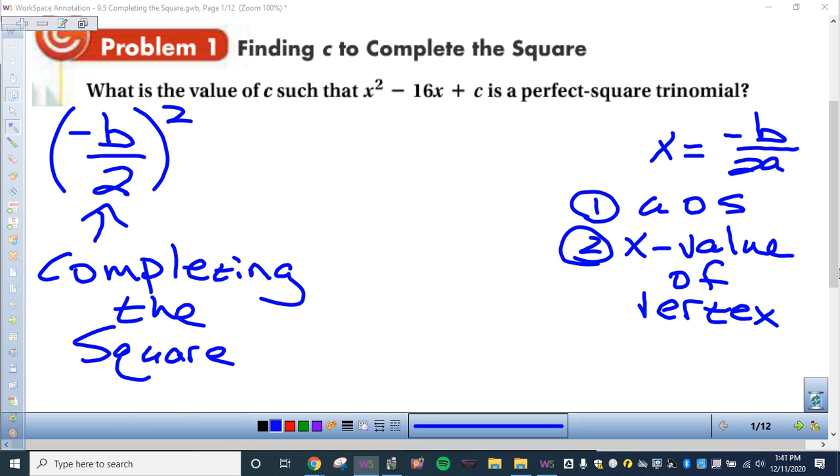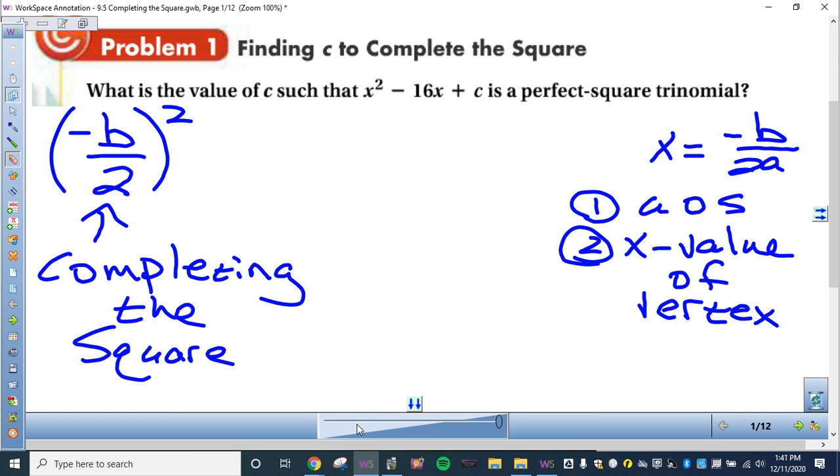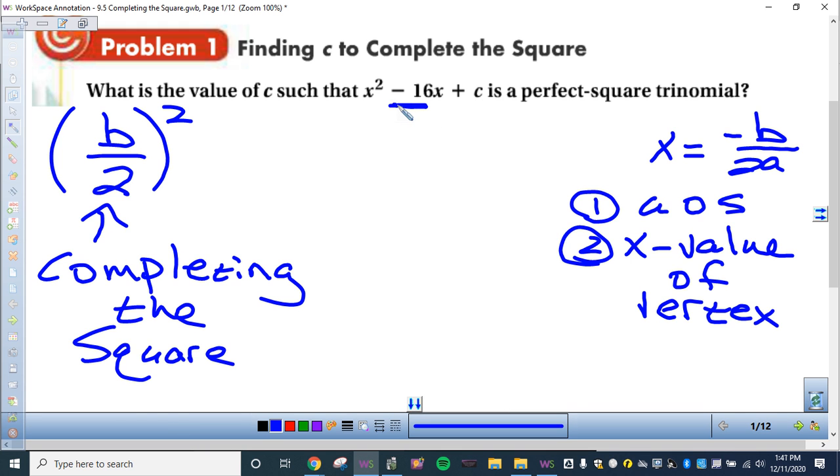So we're going to do, alright, I didn't mean to put the negative here, sorry, I meant to put just b over 2 squared, so just erase that negative right there. Just b over 2 squared. So we take that b term, which in this case is negative 16, and write 16 over 2 squared, and then we just do 16 divided by 2, which is 8.